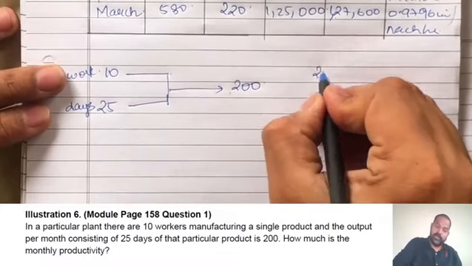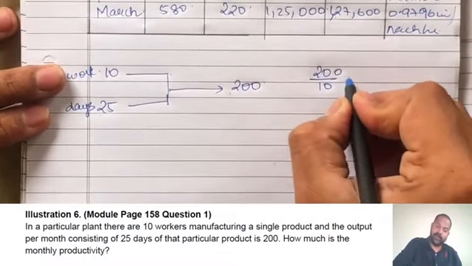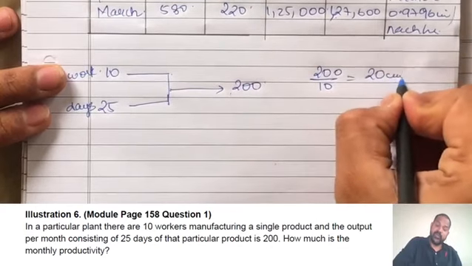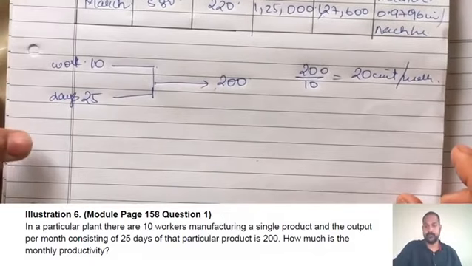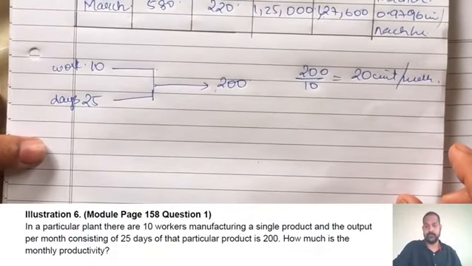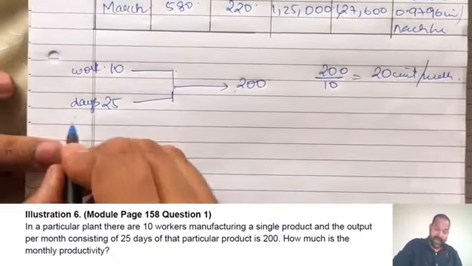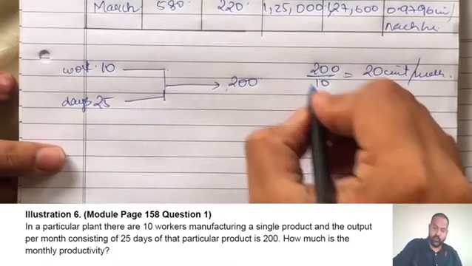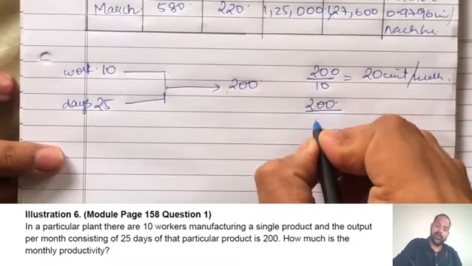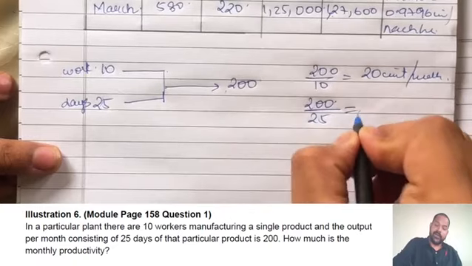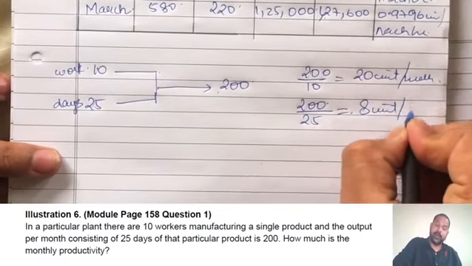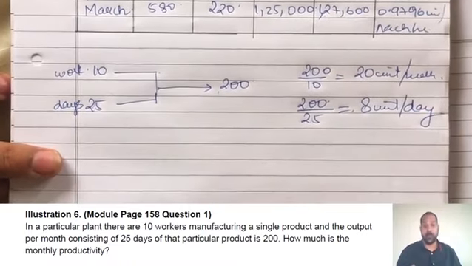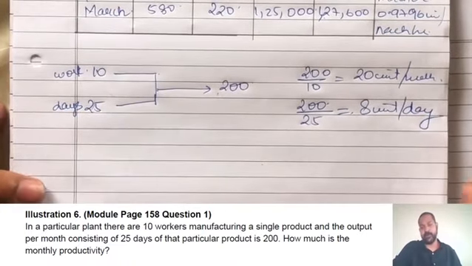So worker productivity is 200 by 10, which is 20 units per worker. When I say I am working for 25 days, you can say 200 units in 25 days is a total of 8 units per day.